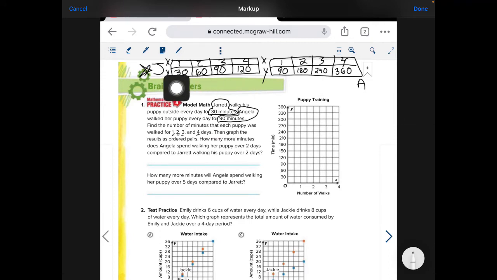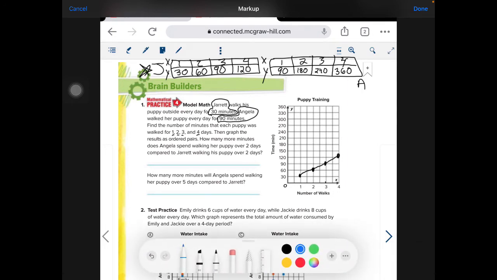So Jarrett, on day 1, we're going to go up to 30. And day 2, 60. Day 3 is 90. Day 3, we're going to go up to 90. And day 4 is 120. Day 4 is 120.